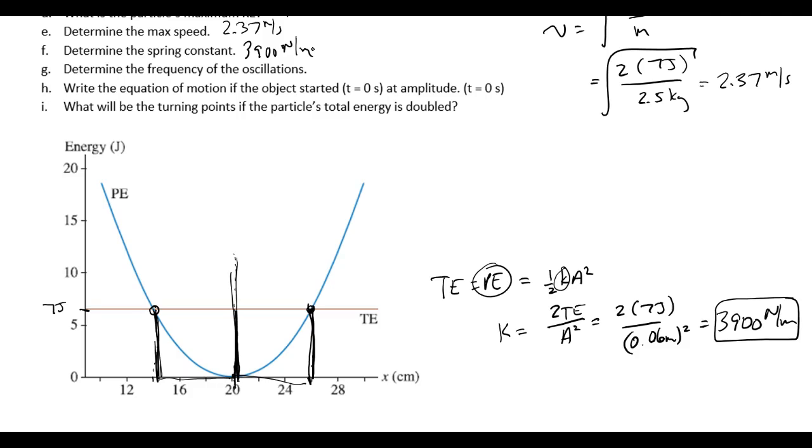Determine the frequency of oscillations. We know that the period is equal to 2 pi times the square root of m over k. If we invert that whole thing, we actually get 1 over 2 pi times the square root of k over m. So if I plug that in, I get 1 over 2 pi. The k, we'll just say 3,900 newtons per meter, all over my mass of 2.5 kilograms.